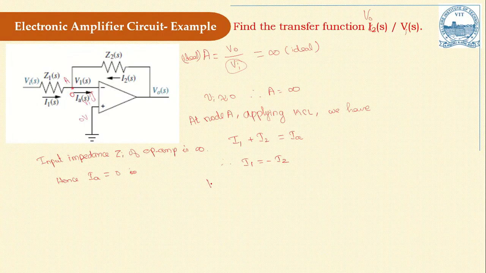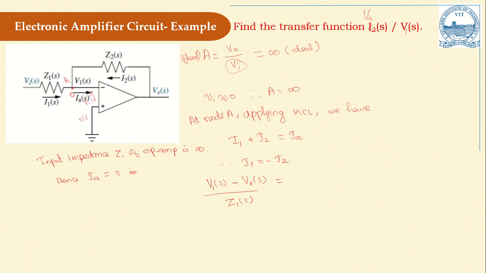So I1 is Vi of S minus the voltage at node A, V1 of S, divided by the impedance Z1.